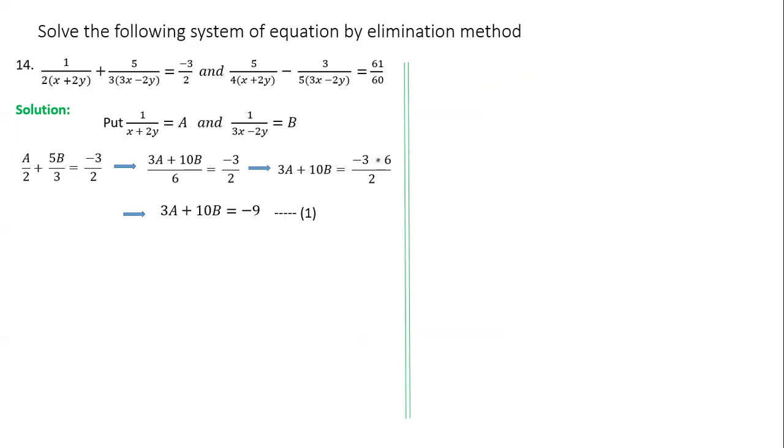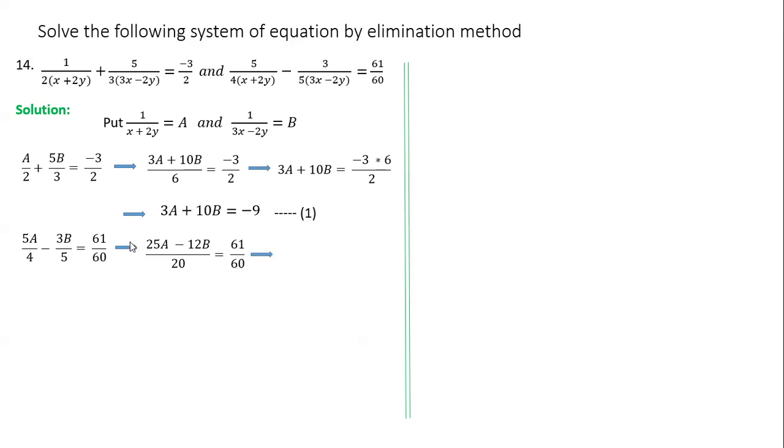Okay. Now see the second equation. 5a upon 4 minus 3b upon 5 is equal to 61 upon 60. Again LCM, this will become 5 5s are 25a minus 4 3s are 12b upon 20 is equal to this.